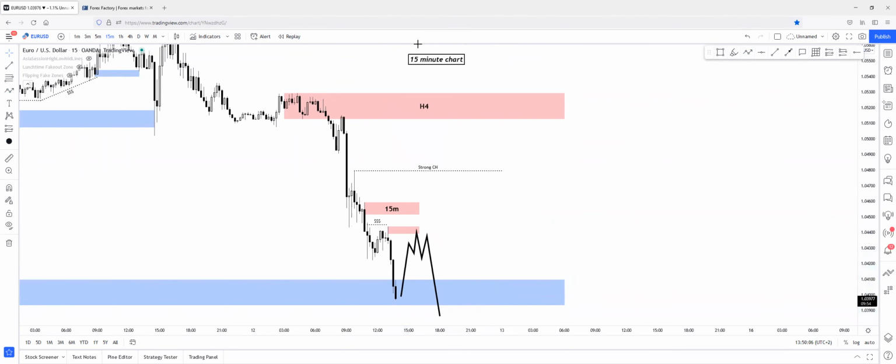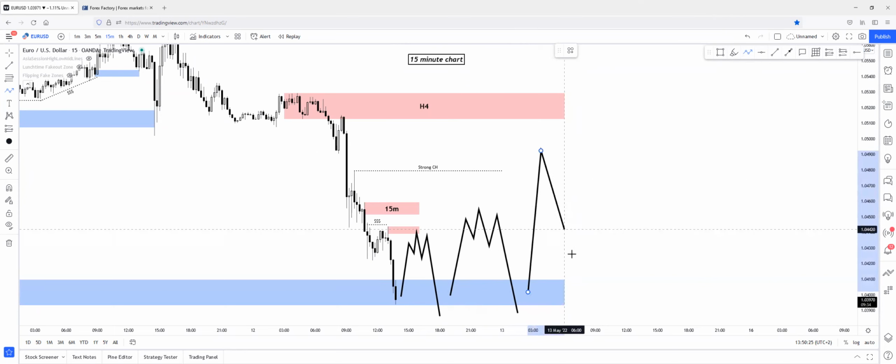Please mute yourselves, or I will mute you all. This is the first scenario. This is the second scenario when price just seems like it's breaking the low point without any pullback. And this is the third scenario.